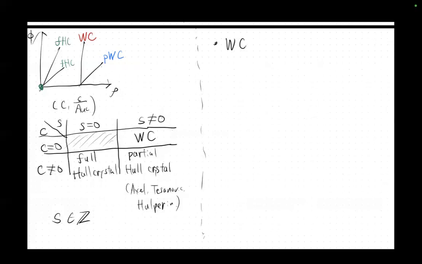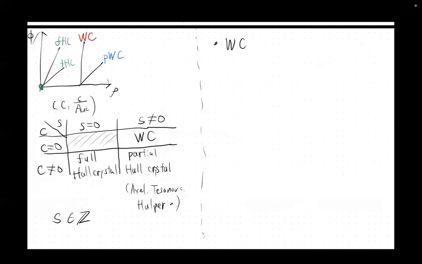So then, in this partial Hall crystal, what is the example of S over A_UC in that case? I'll give you an example of a partial Hall crystal, and then I can come back to that question. Okay. Any other question?